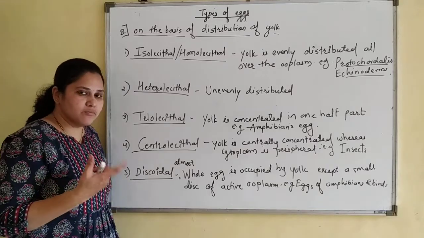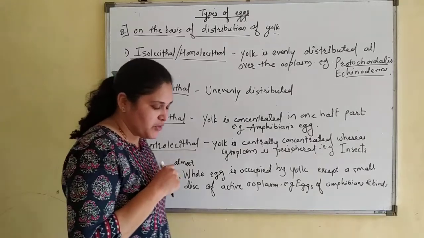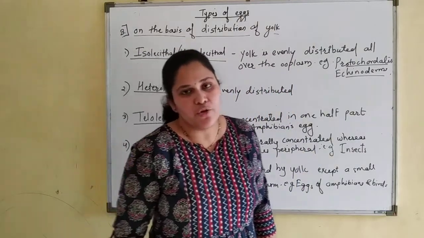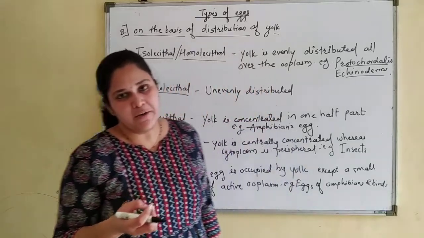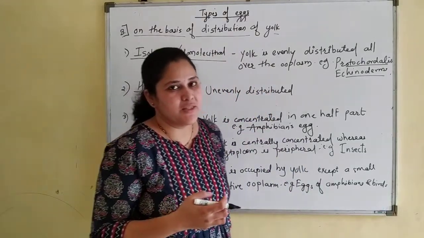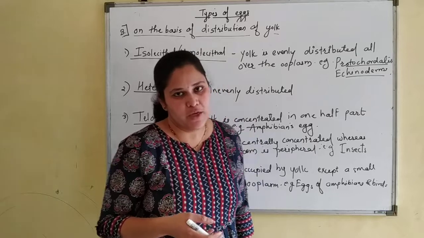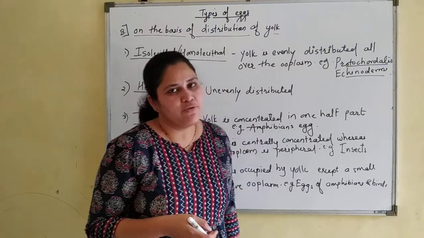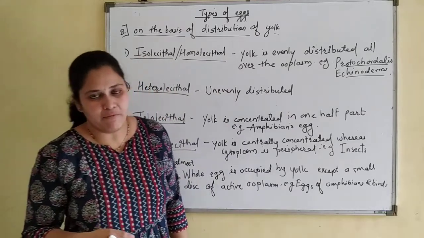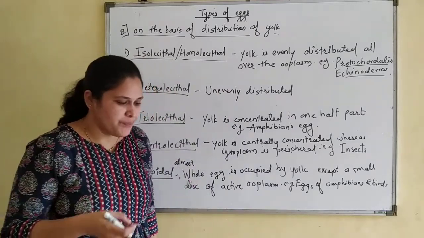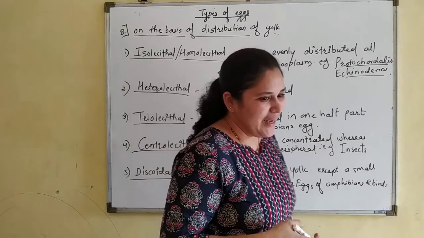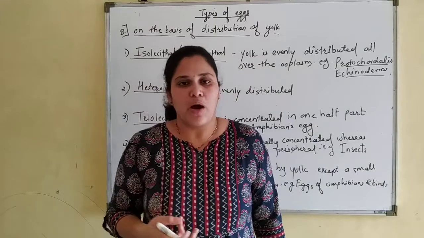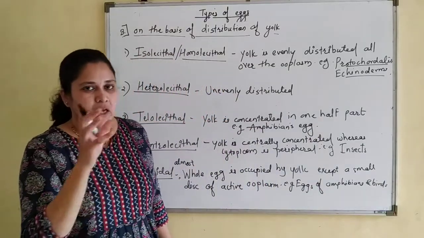What is yolk? One question I forgot in between, in the process of oogenesis I gave the reference of yolk. Yolk is a proteinaceous material which is secreted by a process known as vitellogenesis. In humans it is not so prominent, but in insects, birds, and amphibians it is very prominent, because as they produce shelled eggs, the nutrition required by the developing embryo throughout its growth is stored in this yolk.